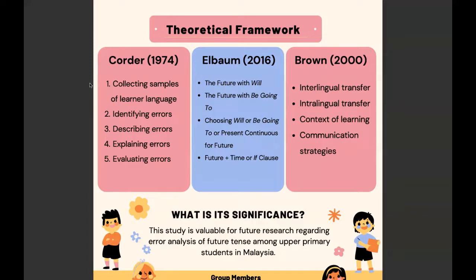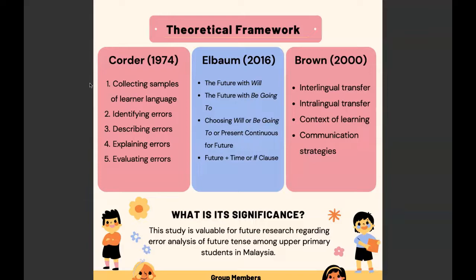Moving on to the significance of the study. This study is valuable for future research regarding error analysis of future tense among upper primary students in Malaysia. By identifying the errors that these students have committed, this study will particularly be essential for future studies.